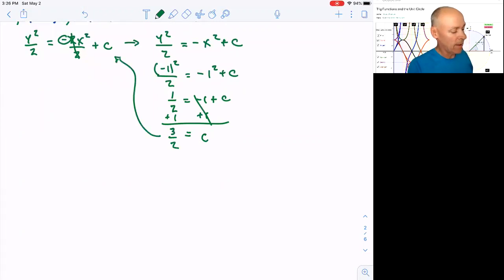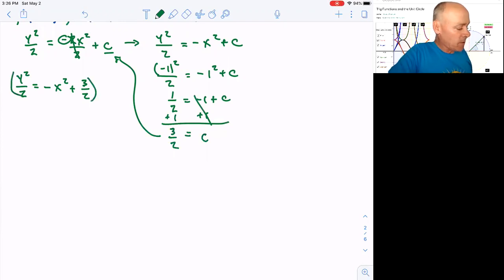Okay. Now I'm going to plug in the 3/2 for my constant of integration, the c. So I'm going to get y squared over 2 is equal to negative x squared plus 3/2. And now my goal is just to solve for y. So I'm going to multiply the entire equation by 2.